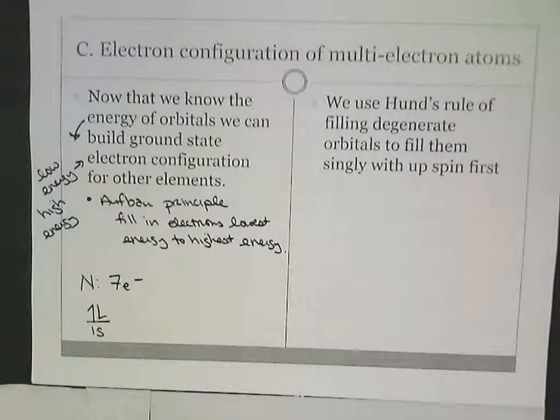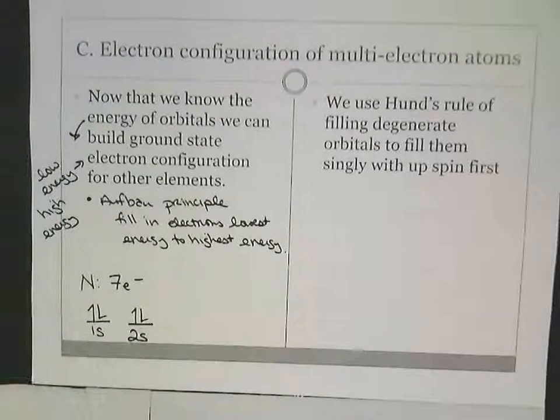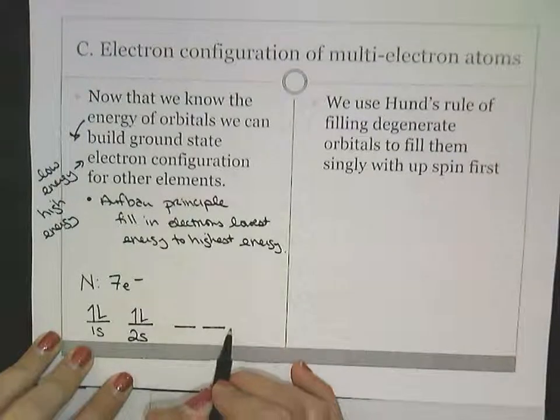What is my next platform called? 2s. And that can hold 2 electrons. Now we're up to 2p. How many orbitals are in 2p? 3, right? There's 3 possible options of m sub L. I'm going to tell you, the reader, that there are 3 possible orientations by putting out 3 platforms.